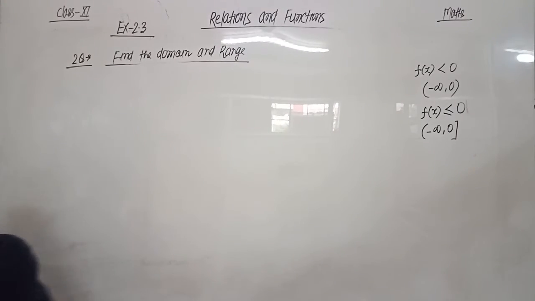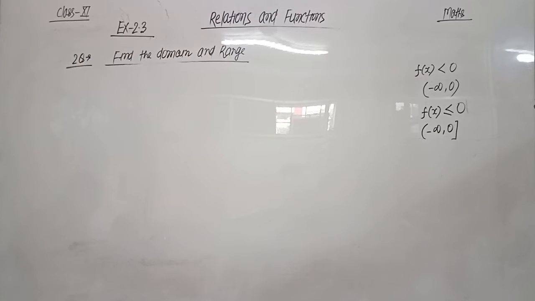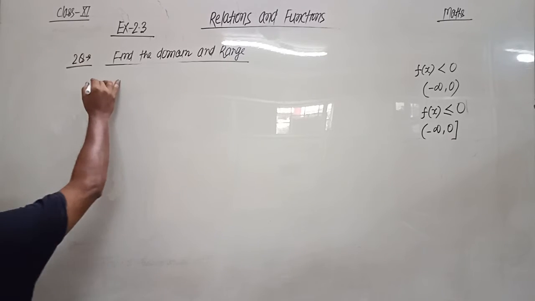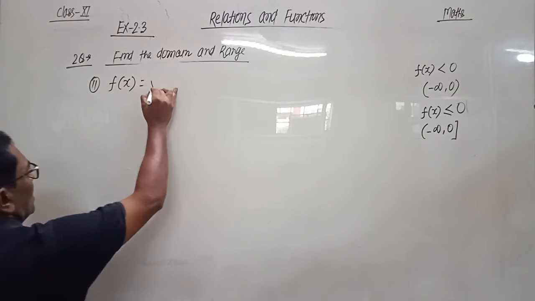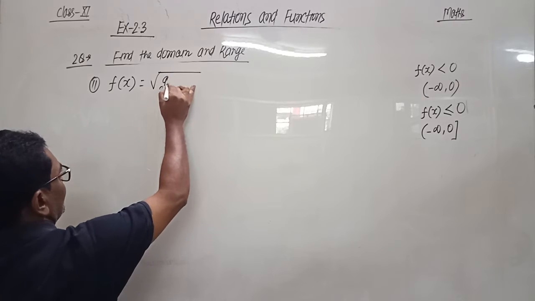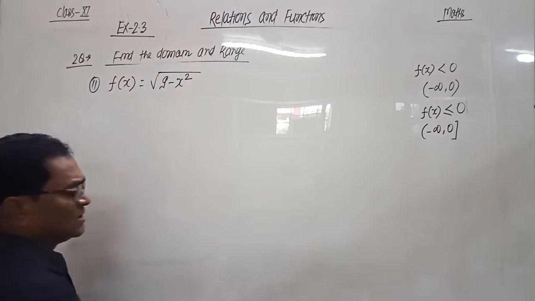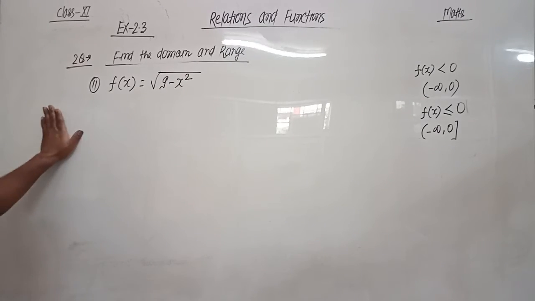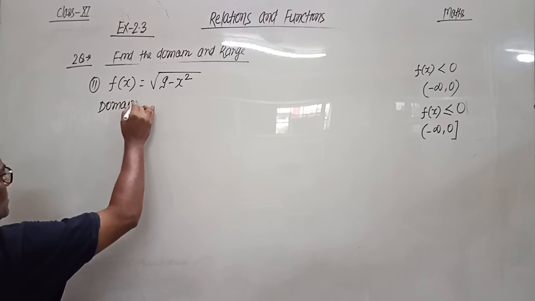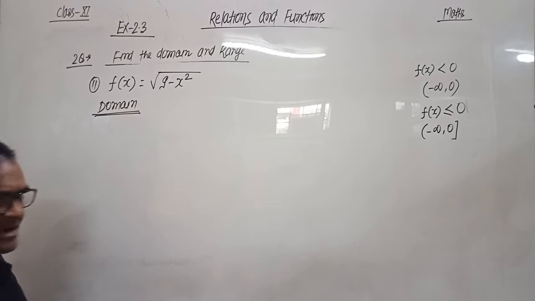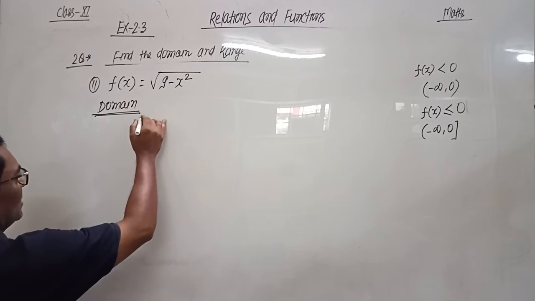Now the second part of this question, f(x) equals under root of 9 minus x square. For finding its domain, we have to observe whether the function f(x) is defined.